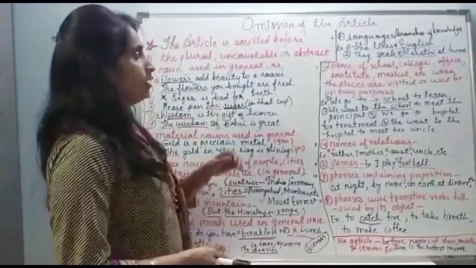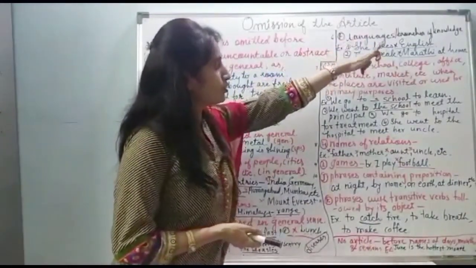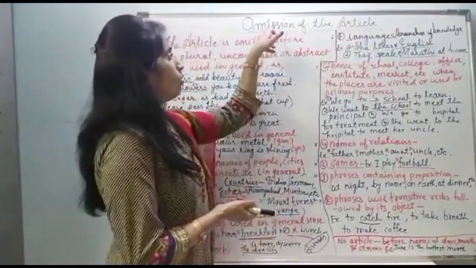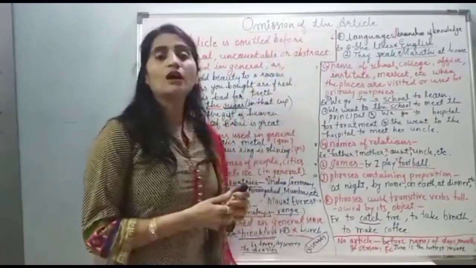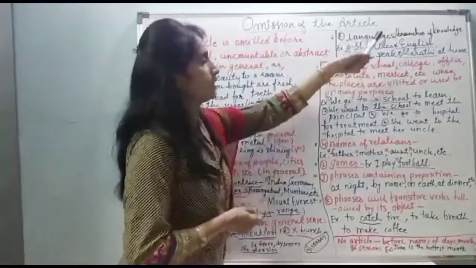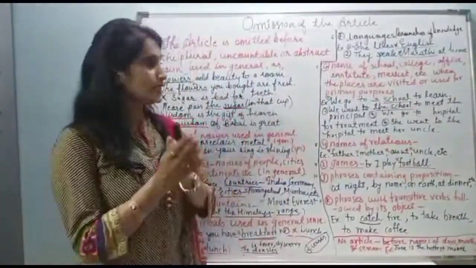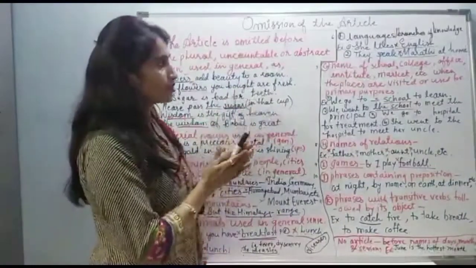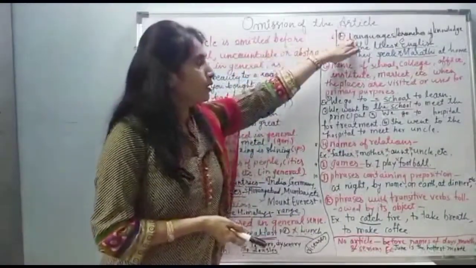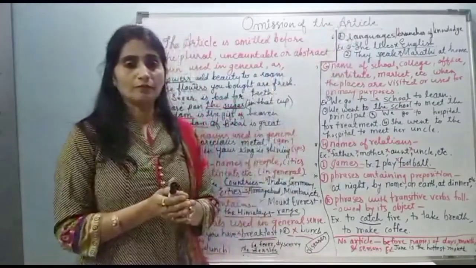Is this clear now? Then, before the languages and branches of knowledge, there is omission of the article. See here examples. She likes English. Not the English. Just say she likes English. Whenever you talk about languages, she likes Marathi.